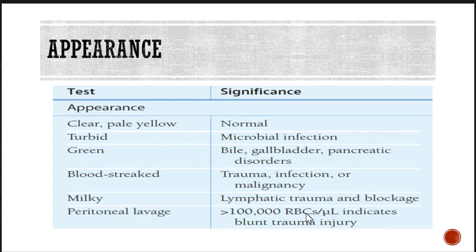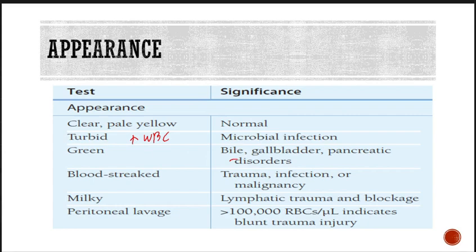Okay, so what is the appearance of our peritoneal fluid? Okay, so it is clear pale yellow, that is the normal. Turbid, we can associate sa microbial infection, so increase WBC, kaya siya naging turbid. Okay, so green, we can see if there is bile, gallbladder, pancreatic disorder, so nagli-leak si bile within the cavity, so kaya siya green.